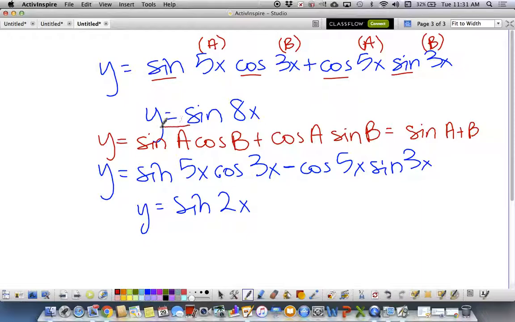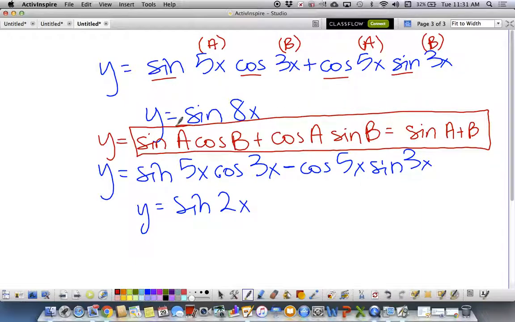So actually, I really don't like having a y equals, because I have an equals down here. You have sine A cosine B, cosine A sine B. You need this formula. So go ahead and write it down on this piece of paper.